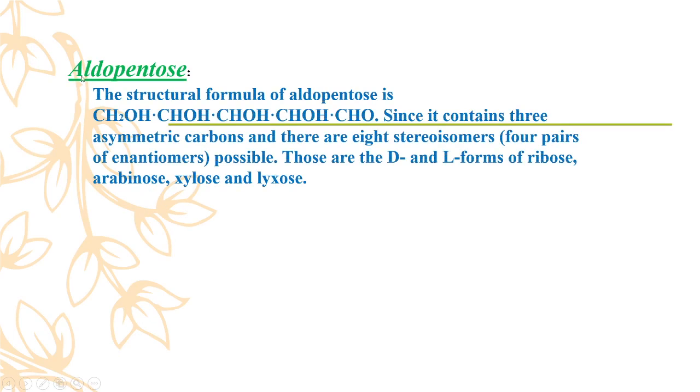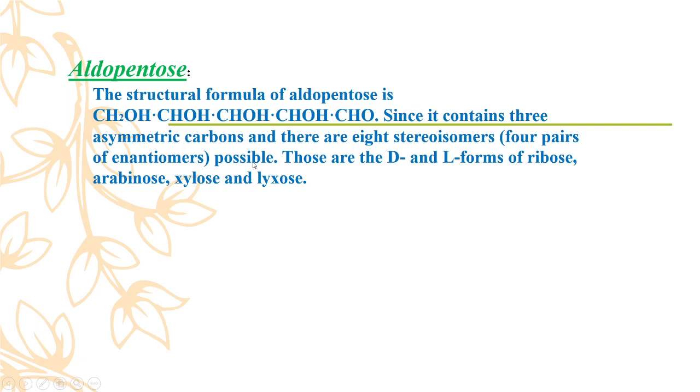Next one is the aldopentoses. So the name itself suggests there are 5 carbons containing the aldehydic functional group. This is the aldopentose; since it contains 3 asymmetric carbons, there are 8 stereoisomers, that are the 4 pairs of enantiomers possible. Those are the D and L forms of ribose, arabinose, xylose and lyxose.